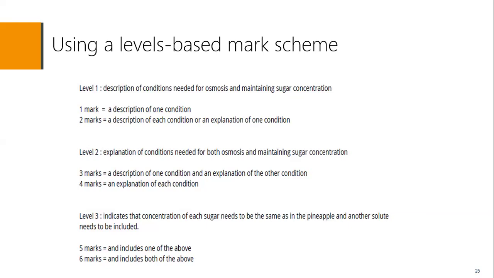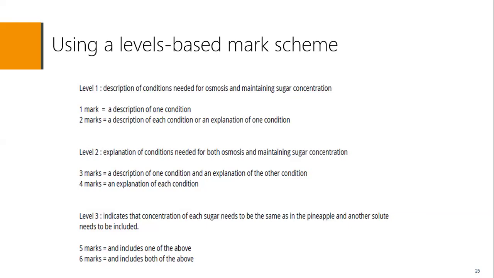Each level is subdivided into 2 marks, giving you the total of 6. So to move on to level 2, you need an explanation of the conditions needed for both osmosis and maintaining the sugar concentration. And again, it's subdivided into 3 and 4 marks. And you need to fulfill each level before you can move on to the next level.